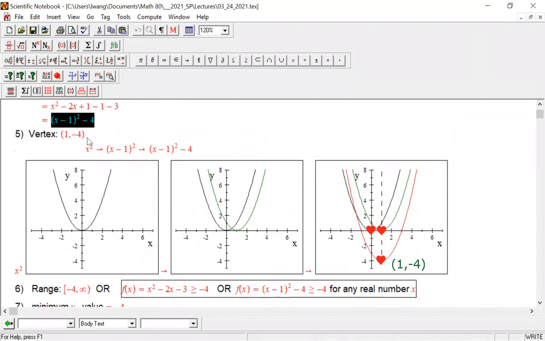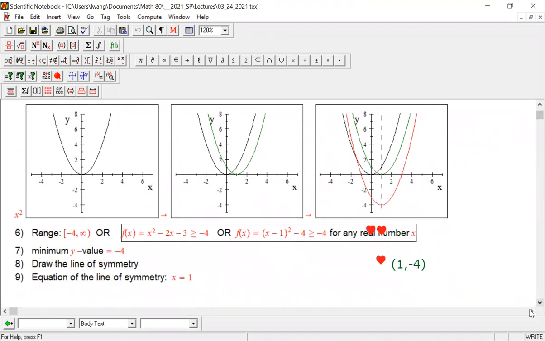Once we get the perfect square, when x equals 1, which makes the perfect square part equal to 0, x equals 1 is the line of symmetry. Any questions so far?